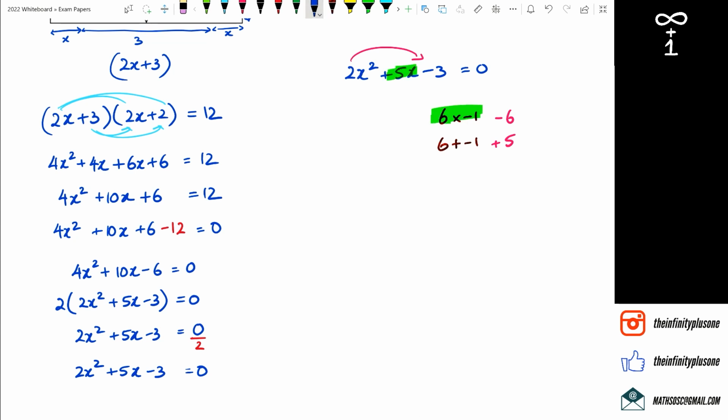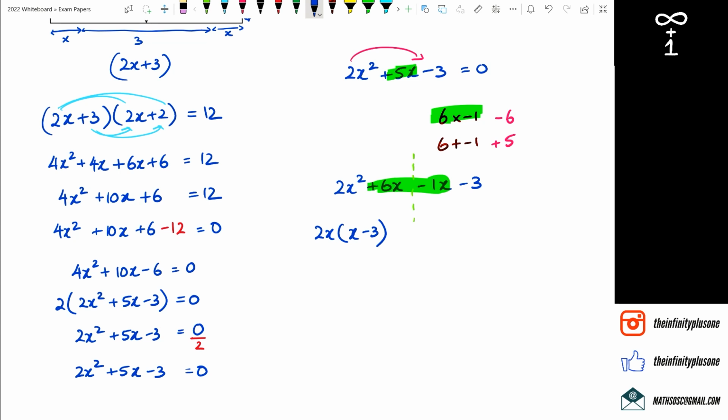So when I rewrite this, I'm going to get 2x squared plus 6x minus 1x minus 3. All I've done there is split that 5x as 6x minus x. Next, I split them in the middle and take out the common factors. I've got 2x, x plus 3.